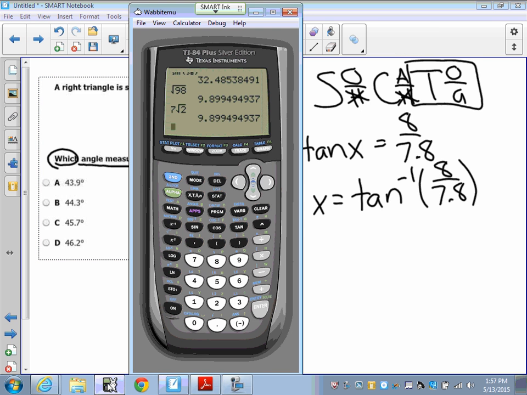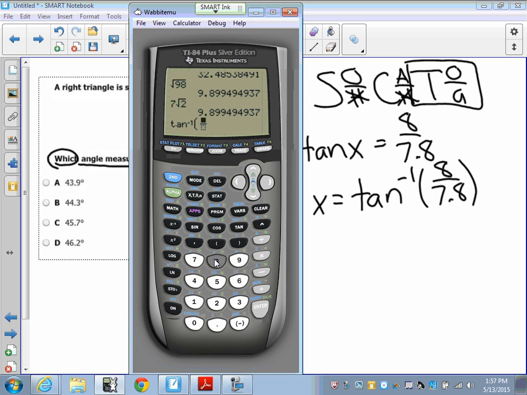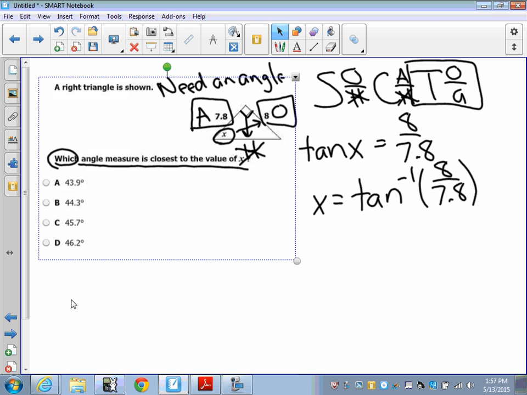So in your calculator, you need to hit second before you hit tan. That's how we get the negative 1. And I'm going to set up as a fraction, 8 over 7.8. And I get my answer of 45.72. So that would be C.